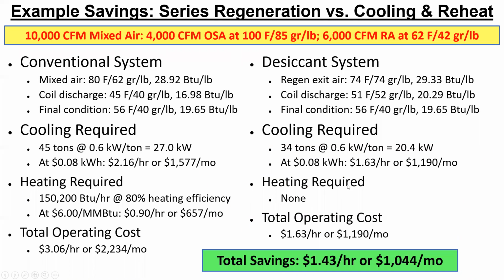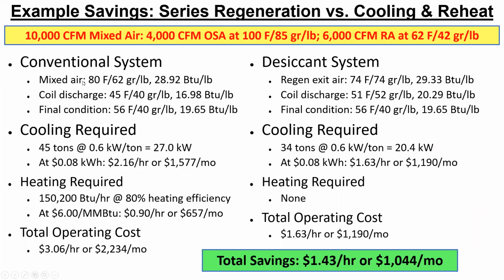Here is an example with some numbers of the same process we just talked about. Let's assume we have 10,000 CFM of mixed air, 4,000 coming from the outdoor and another 6,000 coming from the return air. Outdoor air is at 100 Fahrenheit and 85 grain per pound. Return air is 62 Fahrenheit, 42 grain per pound.